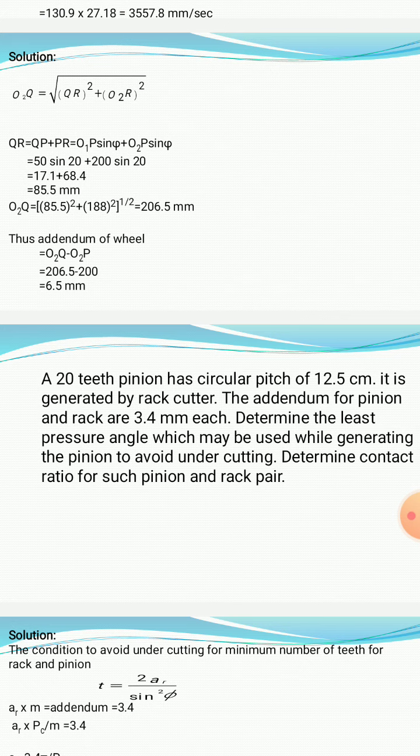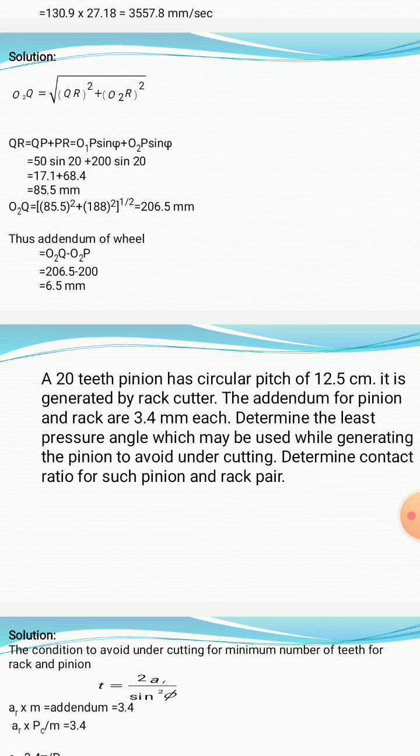So here a pinion is given, having some number of teeth with some circular pitch. Again, the addenda for the pinion and rack are given, 3.4 millimeter each, and they asked us to find out the least pressure angle which may be used in this condition.